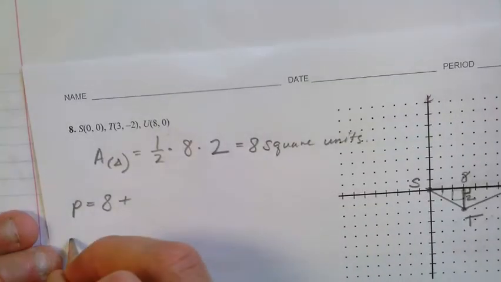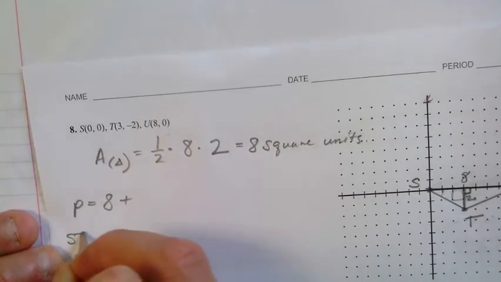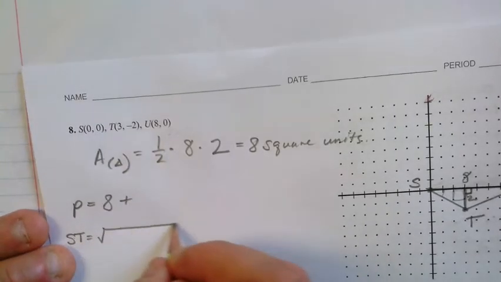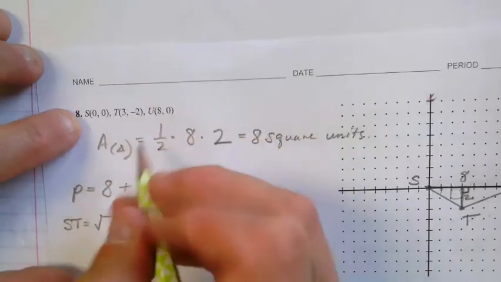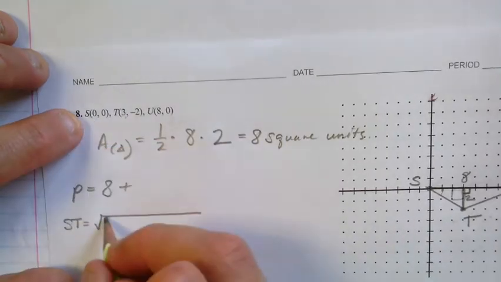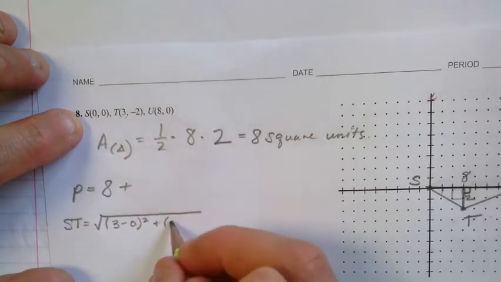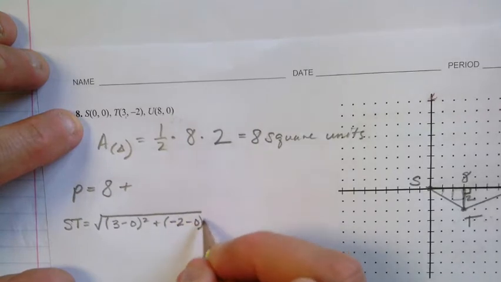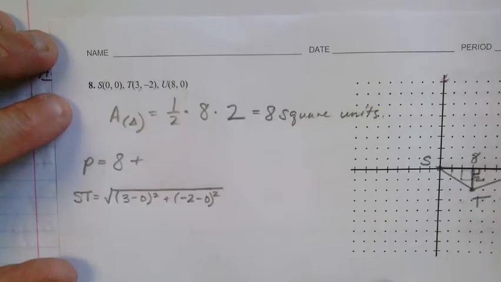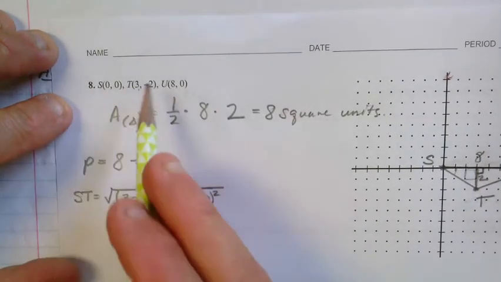So if I work this out with ST, here's my distance for ST. I'm going to do x minus x squared and y minus y squared. Let's see here, x minus x, y minus y.